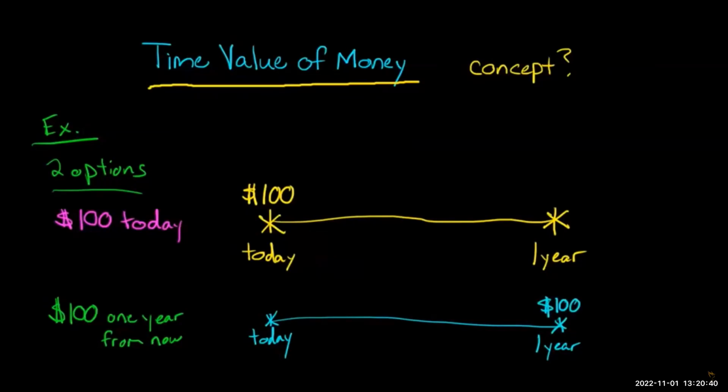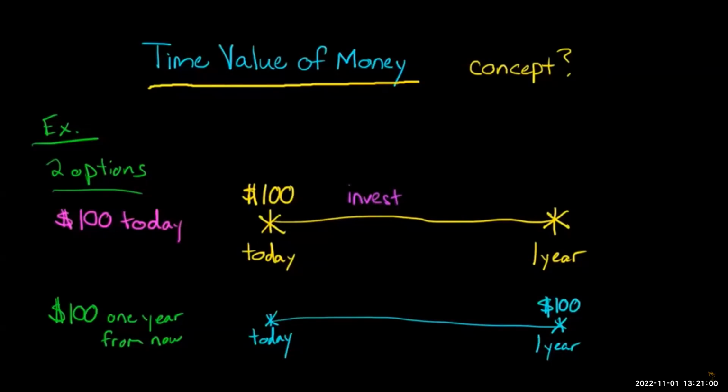Now let's think about things for a moment. When we get the $100 here today, what can we do with that money? Well, you could go out and spend it, but let's assume you didn't spend it. What else could you do? You could invest that money. Let's say you invested in something and ended up getting a 5% return.